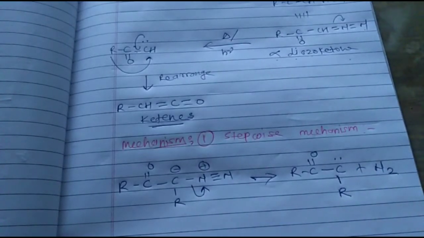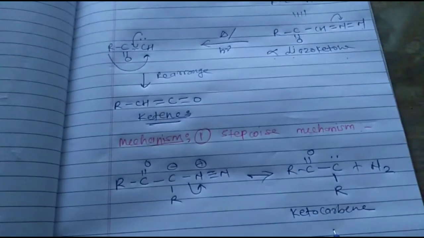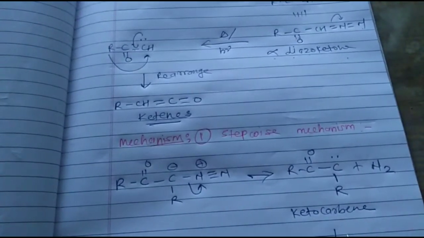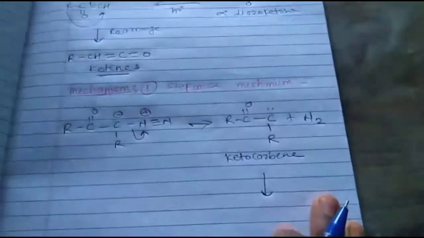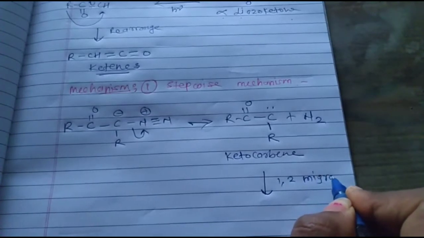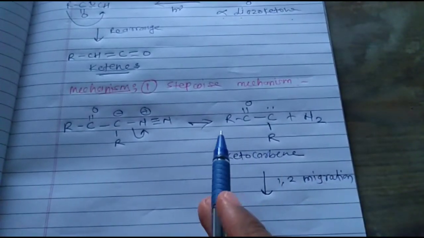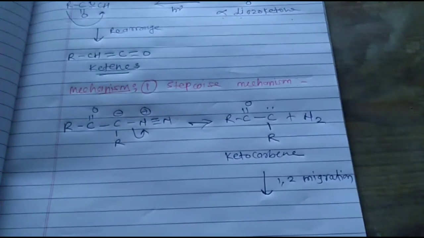Okay, this is a ketocarbene. After this ketocarbene, there is a 1,2 migration. After the 1,2 migration, what happened here?